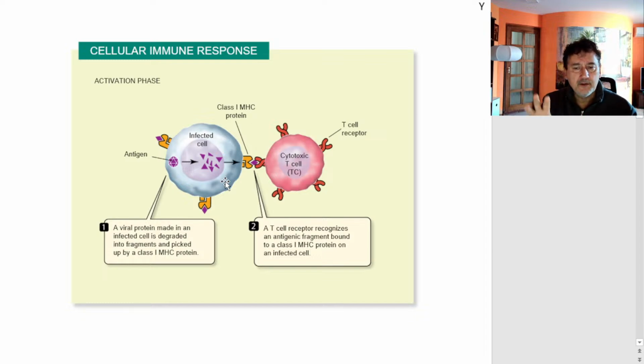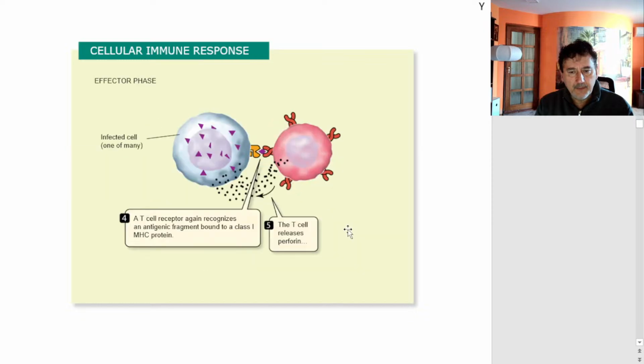So many cytotoxic T cells approach every kind of cell, and those T cells which recognize the antigens on the surface of the infected cells by their T cell receptors will form a stable connection.